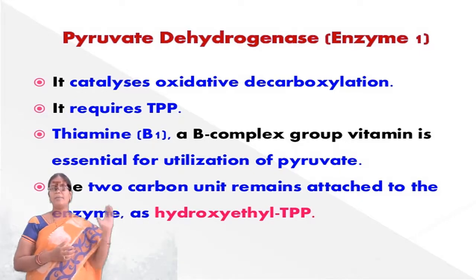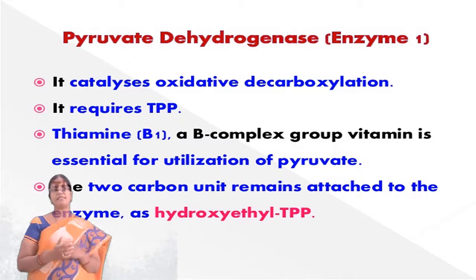It is a B complex group vitamin mainly essential for the utilization of pyruvate. So, for the utilization of pyruvate, thiamine is required. The 2 carbon unit remains attached to the thiamine, and the pyruvate will be converted into hydroxyethyl-TPP.